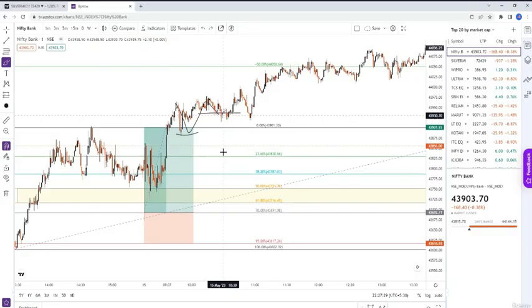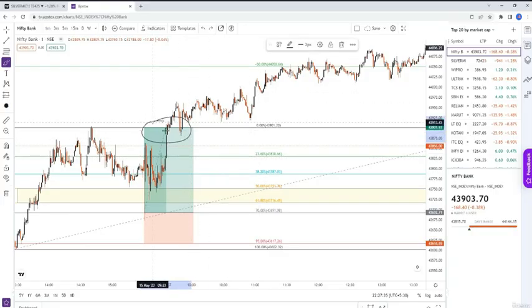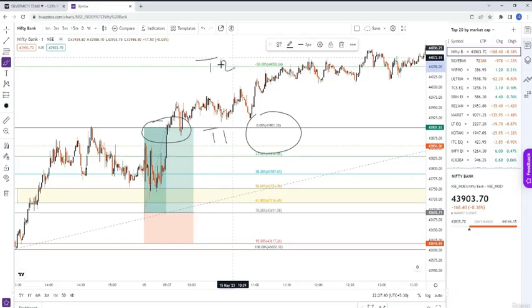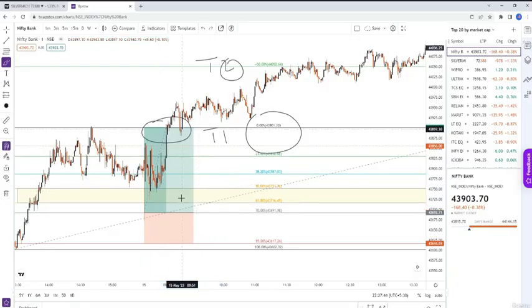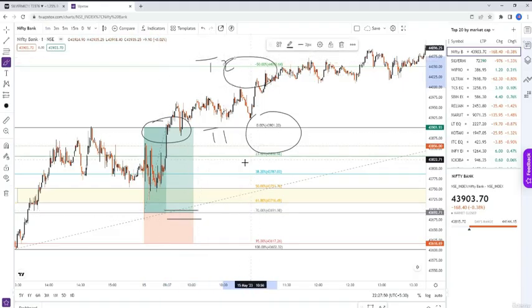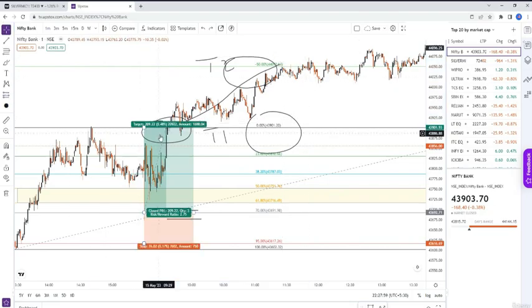Now let's talk about those people who book T1 here at 0% and T2 exactly here. Either you can trail cost to cost. Here you just put your trailing stop loss at your cost, somewhere here, and then you wait for either T2 or SL. You can also do this method. What would be the beauty in this method? If it hits T2, then you will again have a massive profit, extreme massive profit.